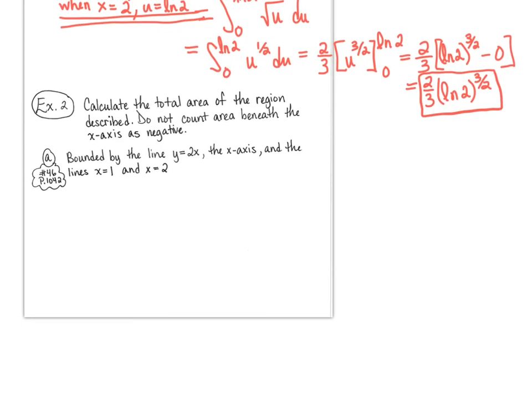So let's sketch a graph here. We want to graph y equals 2x. We have our x-axis and our y-axis. So when x is 1, y is 2 times 1, or in other words, 2.